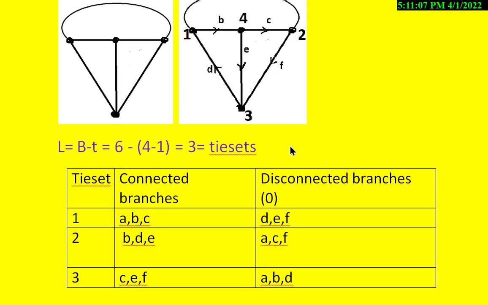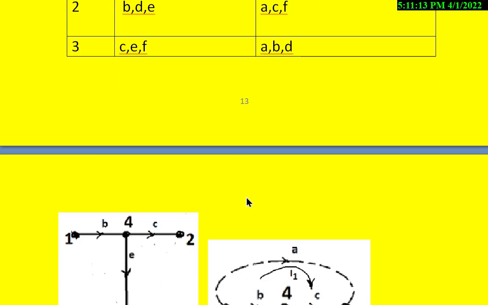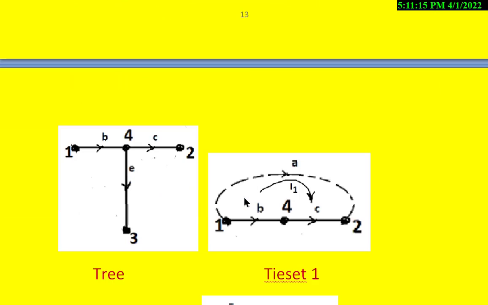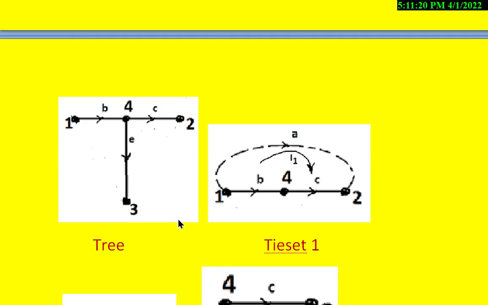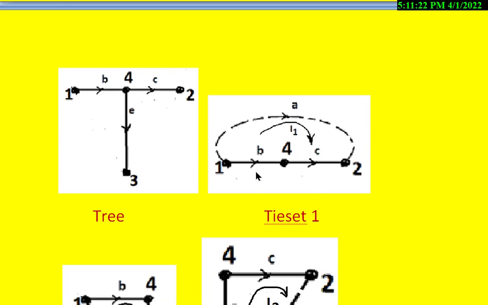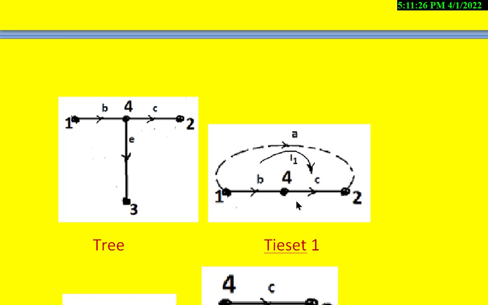So to get the Tieset matrix, first find out the Tieset graphs. In each Tieset there will be only one link, whereas the other elements are twigs.